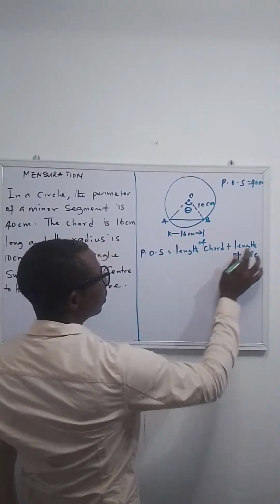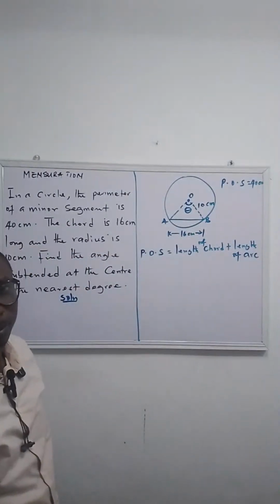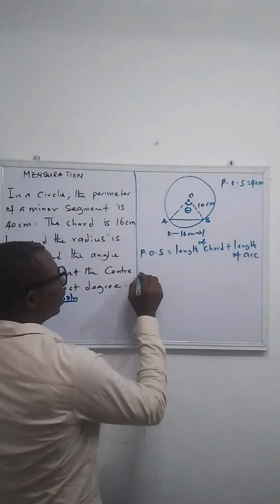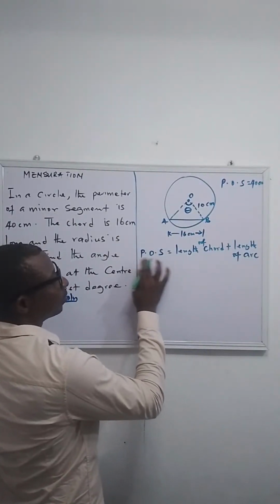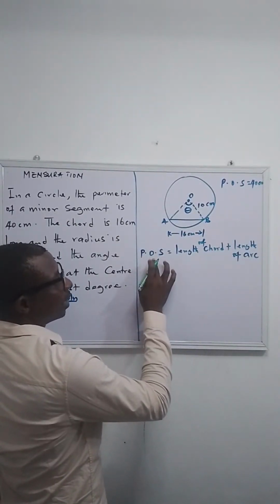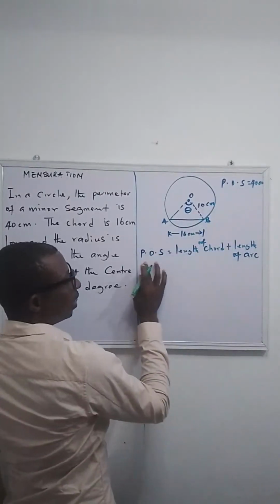Length of chord plus length of arc. You get that now? The perimeter of the segment is 40, so let me plug that in.